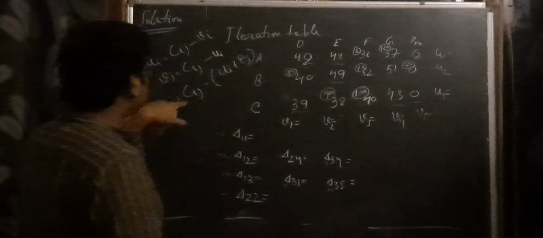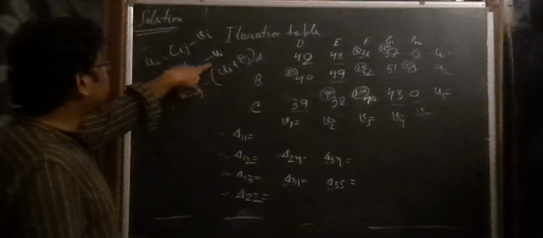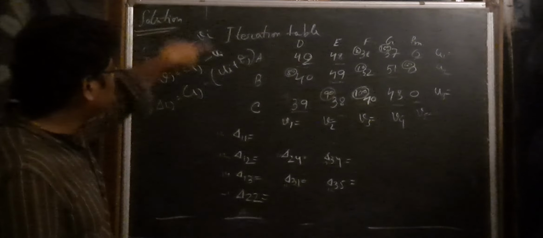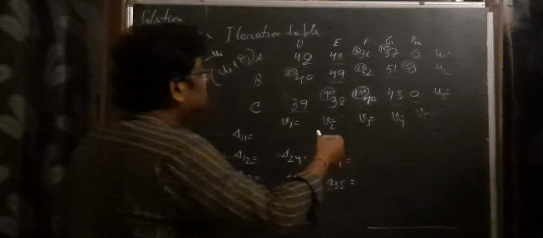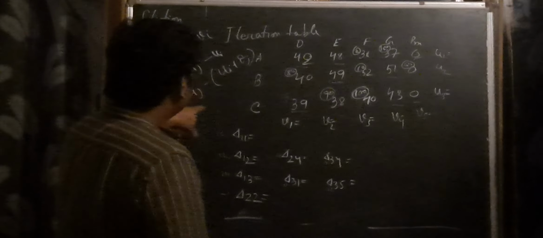As I have mentioned, del ij equals Cij minus ui plus Vj, and Vj equals Cij minus ui, and ui equals Cij minus Vj, by using this formula as I have mentioned earlier. So at first we have to find out the ui and Vj for finding out the del ij.